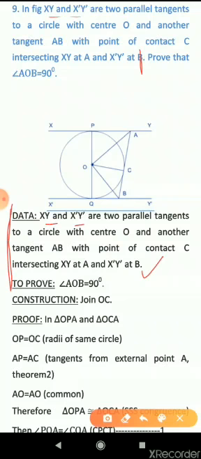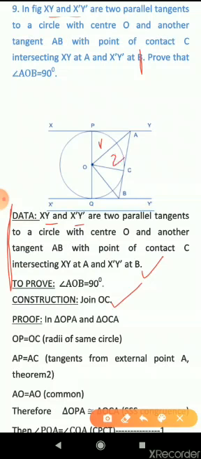Clear? Here we have to do a simple construction: join OC. That means just joining this OC. Now let us go to the proof. Observe two triangles: triangle OPA, this one, triangle number 1, and triangle OCA, this one, triangle 2.